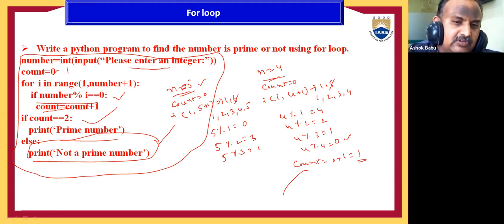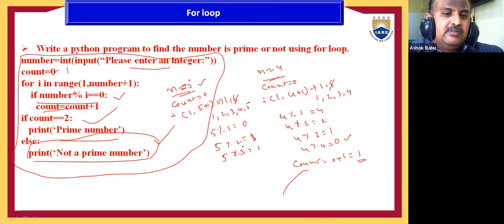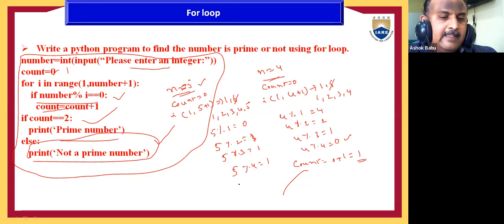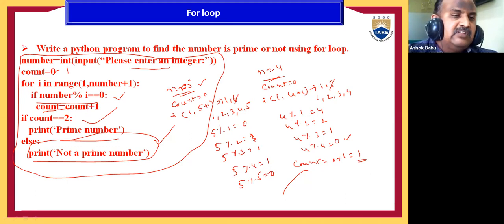Sorry, 5 % 2 equals 1 here. Then 5 % 4 equals 1 again. Then 5 % 5 equals 0, so again we have a 0.